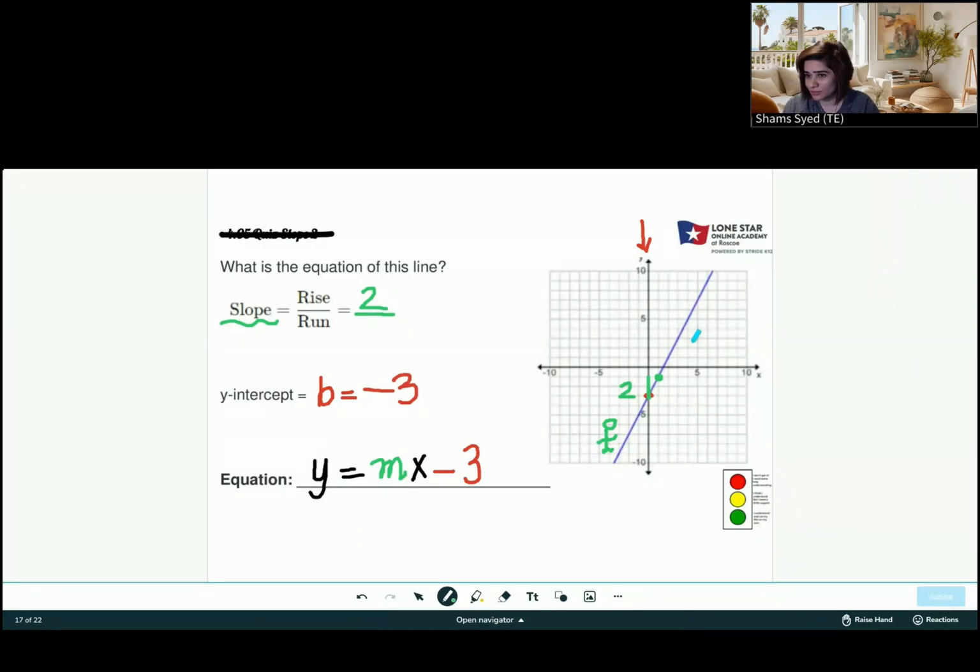The stick figure went up 2 and over 1. And any number over 1 is the number itself, so the slope is 2. And it is a positive number because the stick figure is going up. Slope is 2. Y equals 2x minus 3.